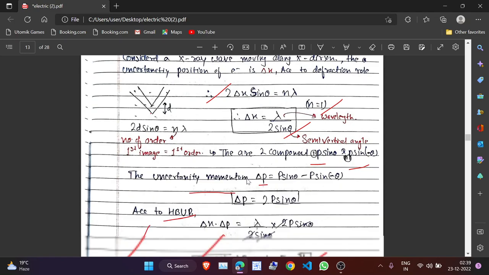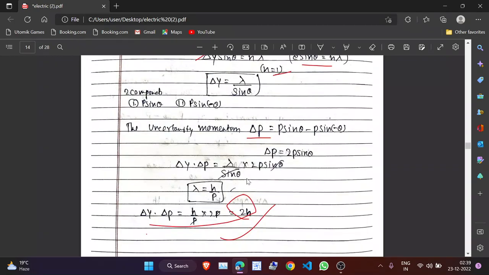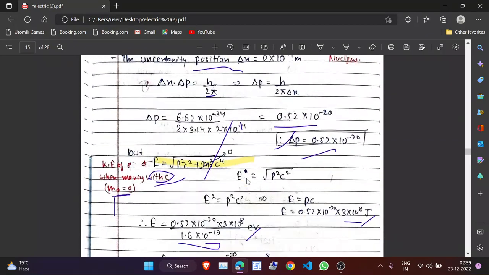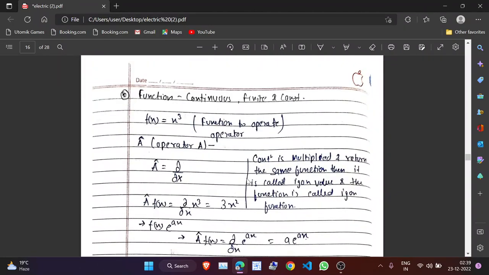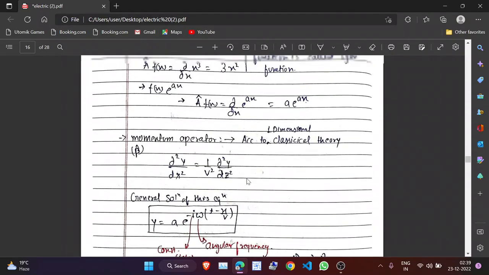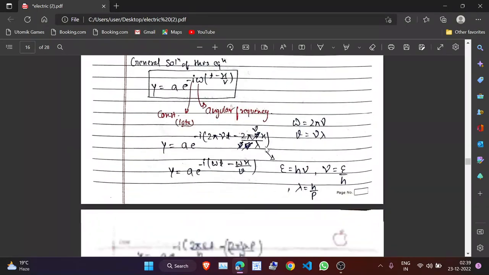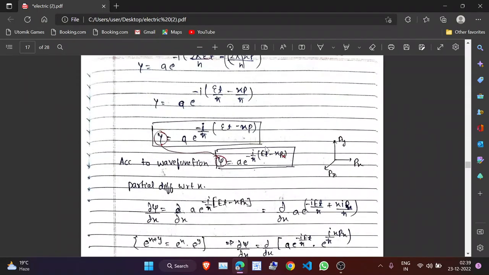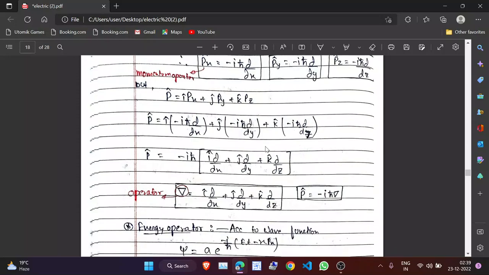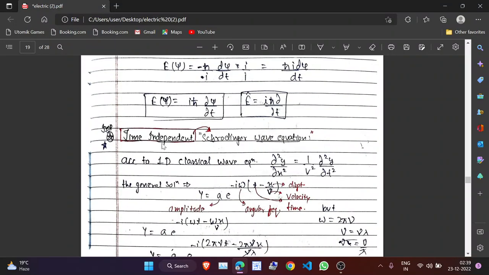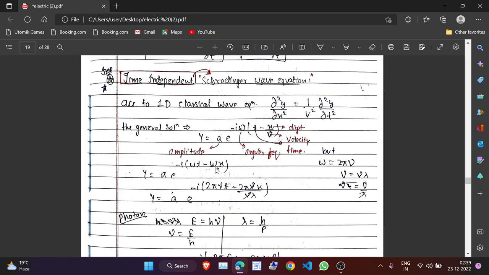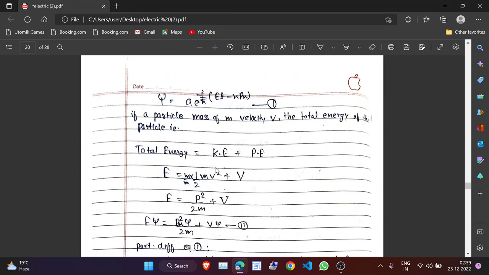So I think it's good for this day. In the next lecture, we will study the momentum operator functions, and the most important thing, we will try to complete the Schrodinger wave equation, time dependent and time independent. You will love this equation.